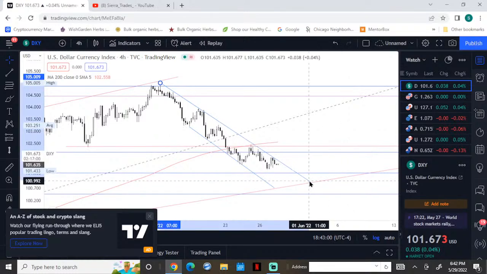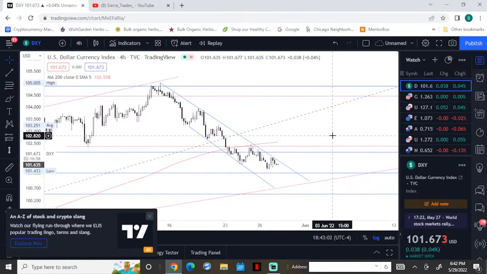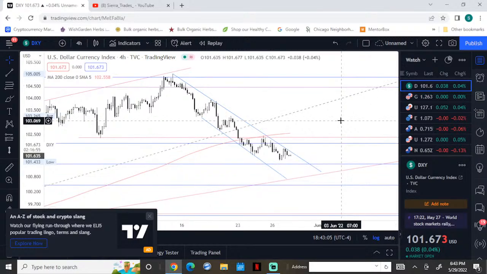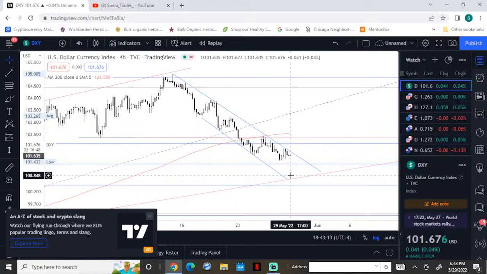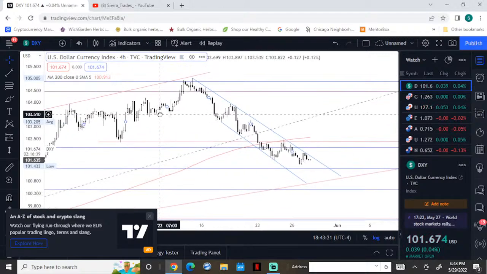I like to have my lines connecting. So we're definitely in this down channel on the 4 hour, which matches our daily fib, which matches our weekly closing under the support resistance zone.